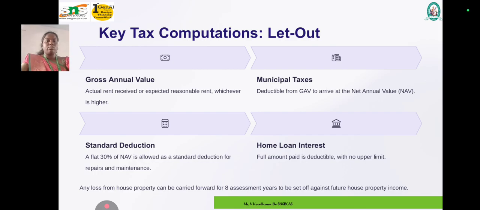Coming to home loan interest, the full amount paid is deductible with no upper limit. As a note, any loss from house property can be carried forward for 8 assessment years and set off against future house property income.